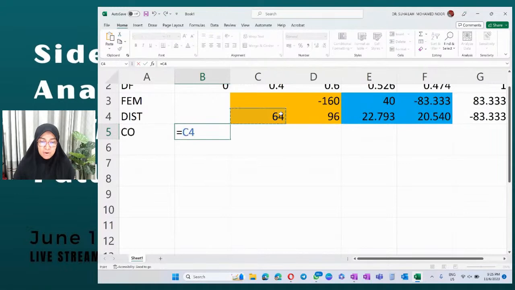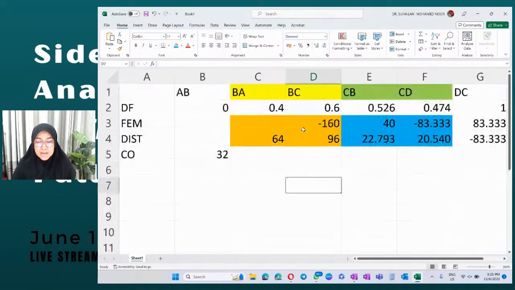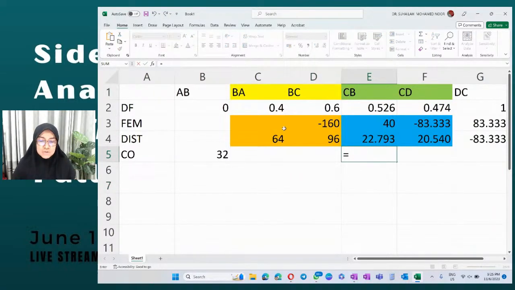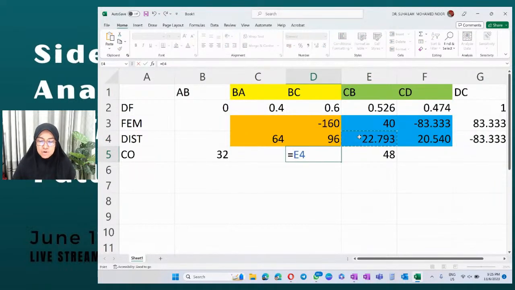So 64 cross boundary is 64 divided by 2. 96 cross boundary is 96 divided by 2. The factor is 0.5. And 22.793 cross boundary, the factor is 0.5, so it is divided by 2.